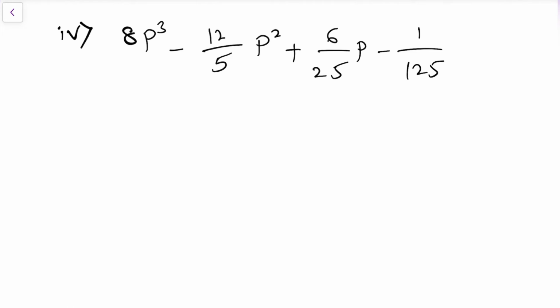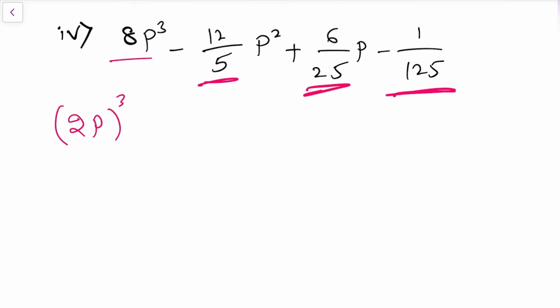Okay, now if you observe, here 8p cube can be written as 2p whole cube. 12 and 5 both are not a cube of any numbers. 6, 25 also, those are not cubes of any numbers. So I will move to the last term, 1 by 125.